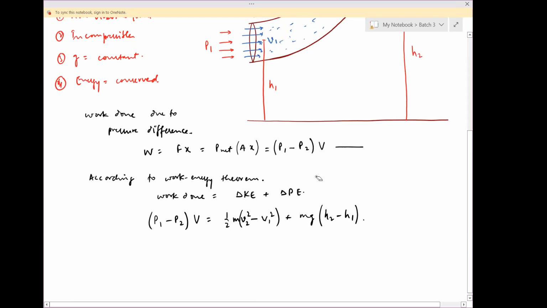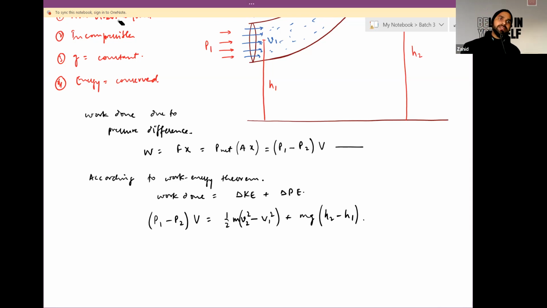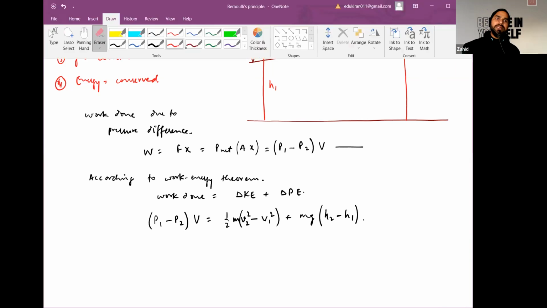Yes, sir, it's clear. Now, according to the work energy theorem, if work is done on a particular system by any external agency or any non-conservative force, this will result in a change of kinetic energy plus potential energy. So work done equals the sum of change in kinetic energy and potential energy.